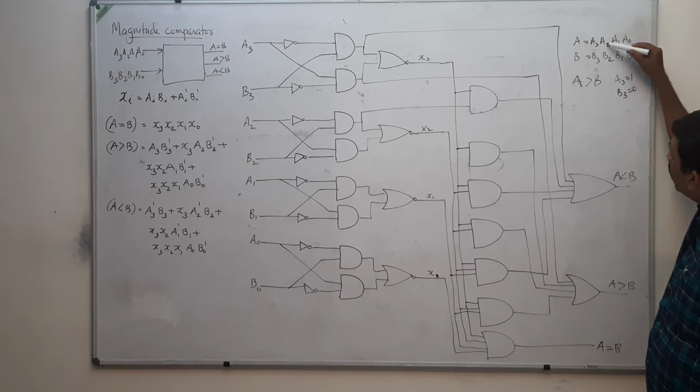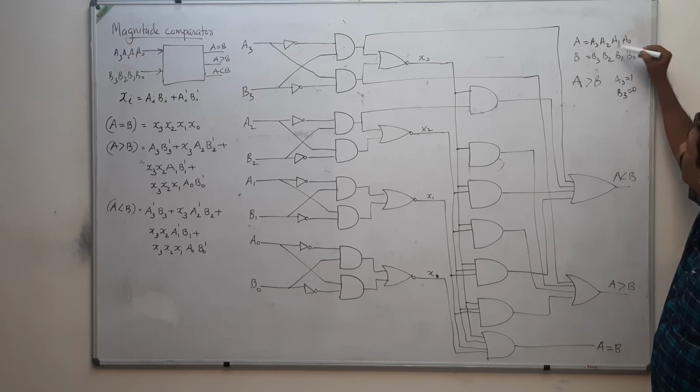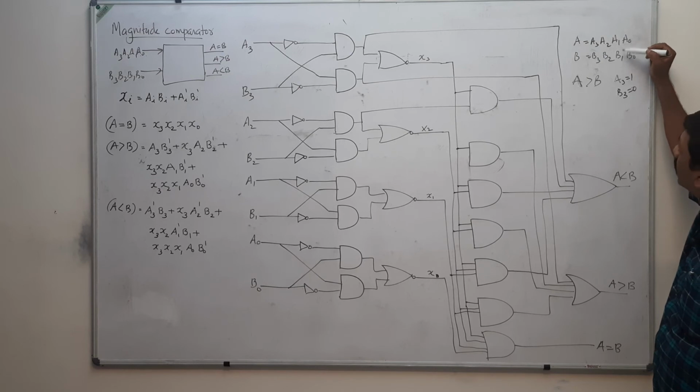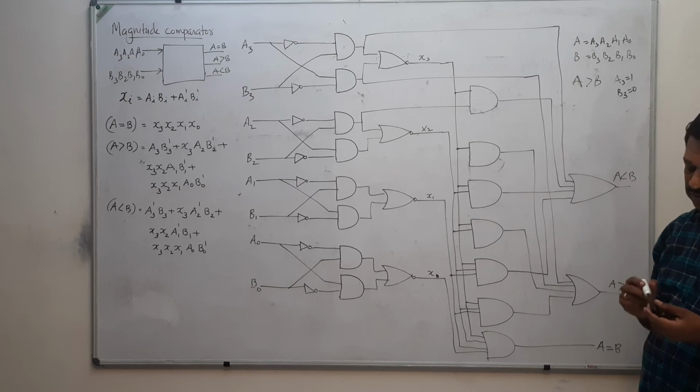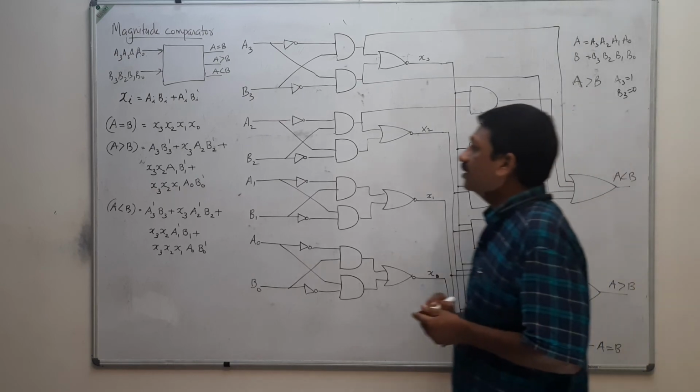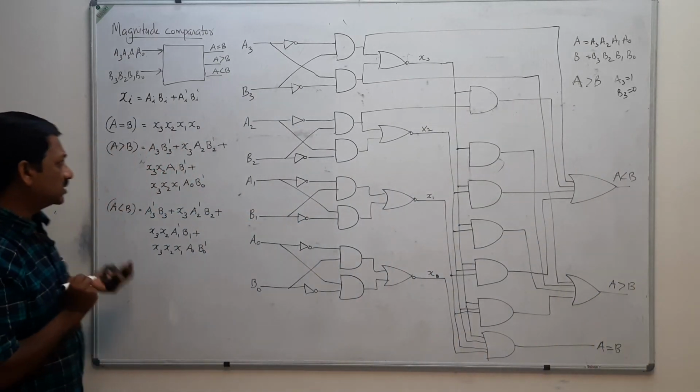If not, if those two are also same, then you have to verify whether A1 is greater than B1. And if that also is the same, then you have to check whether A0 is greater than B0. So here that is achieved by this.